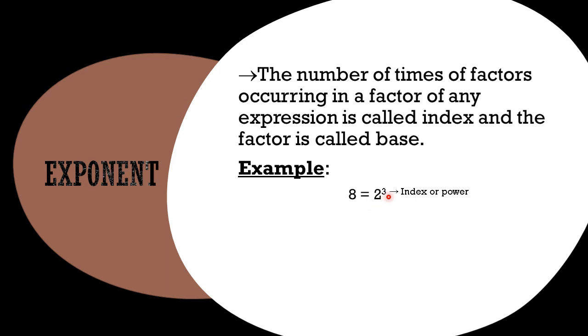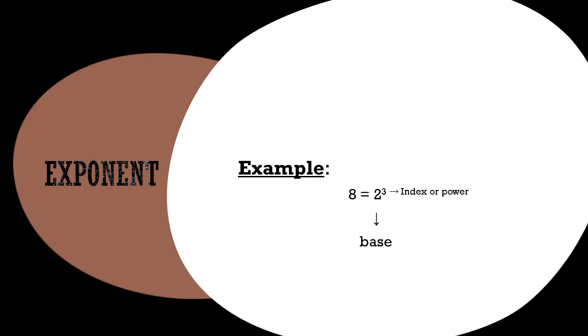So in here, my dear, 3 is the index or power, and 2 is the base. That is the thing I am saying about exponent. So this is the definition of exponent, and this one is the example, my dear. 3 is the index or power and 2 is the base.